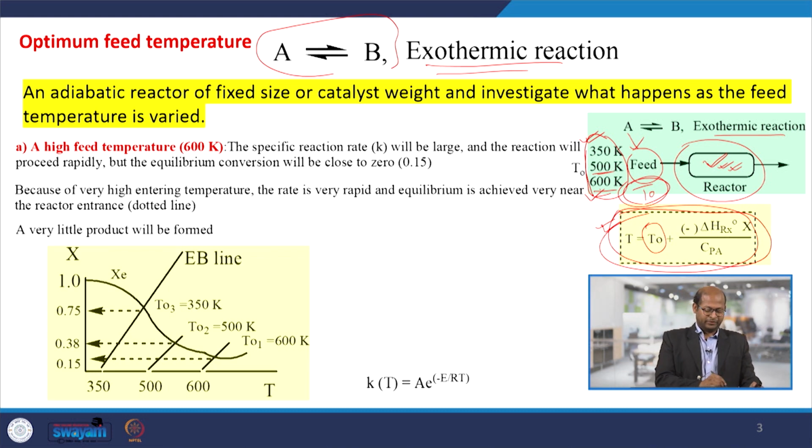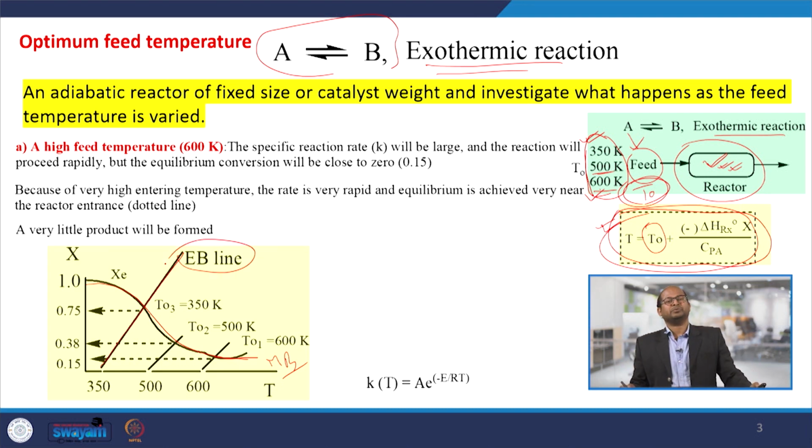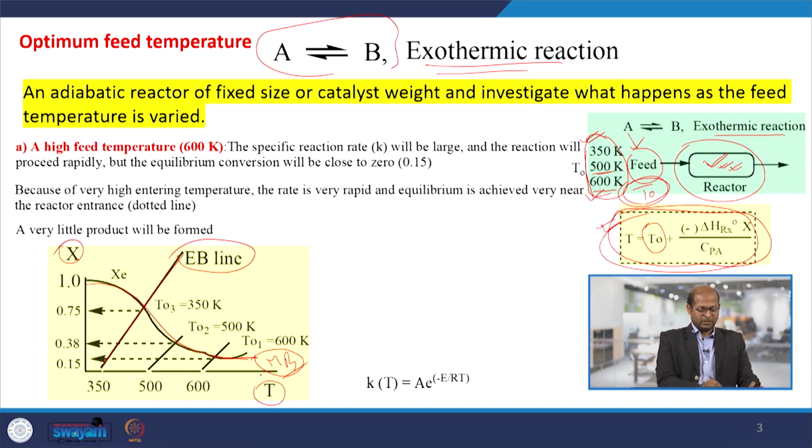For exothermic reactions, these are the material balance lines and these are the energy balance lines. If we plot x against temperature, the energy balance lines and material balance lines would look like this.